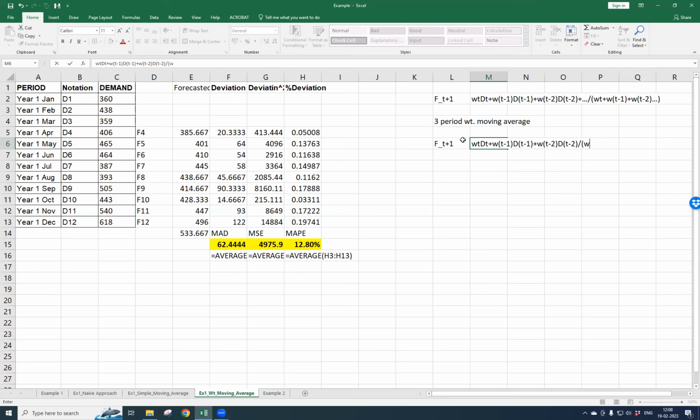This divided by the sum of the weights, Wt plus, let me be lazy, let me copy this part and paste it over here.